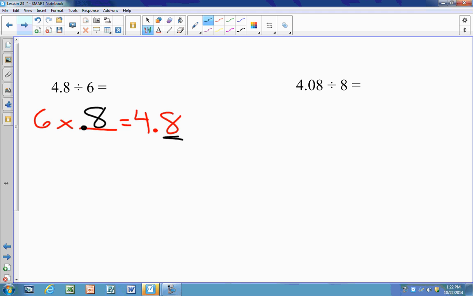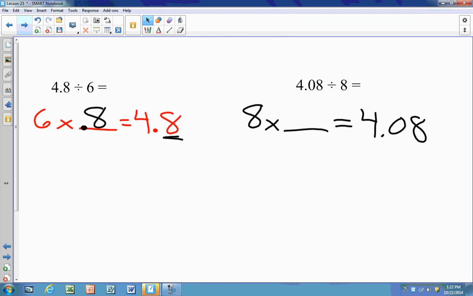Go over here. 8 times what number will give us 4 and 8 hundredths. We go back to the method we were using before. We ask ourselves, can 8 times a number give me 4? Since the answer is no, we put 0. So now we ask 8 times what number can give me 40? That's 5. Since 8 times 5 is 40, we've used all that up. Now I say 8 times what number can give me 8?